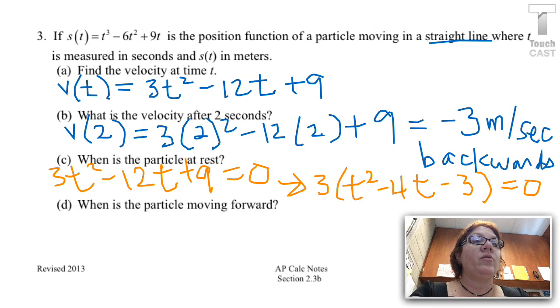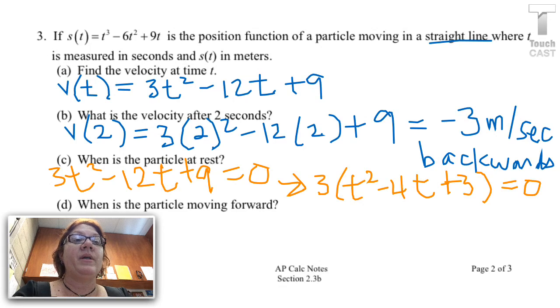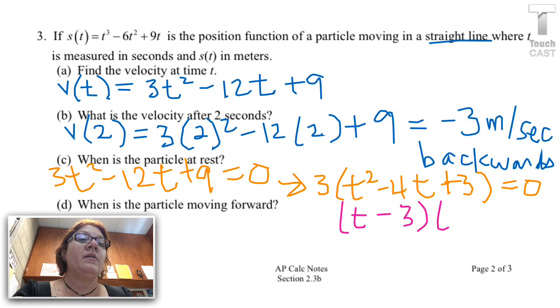Of course, it's not going to factor at all if I don't put in the right numbers. Ay, ay, ay. I know you were probably yelling out Scooby Snack, weren't you? You head off to the kitchen and get yourself a Scooby Snack because you caught that mistake if you saw it. So I have t is going to be equal to 3 and 1.